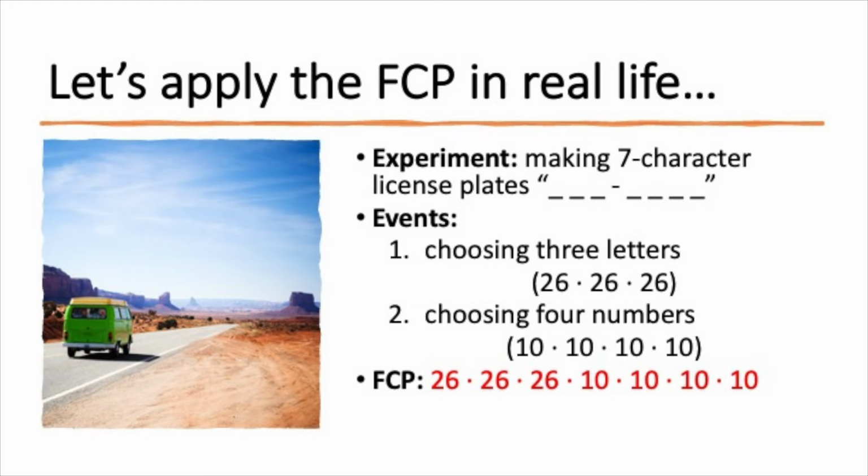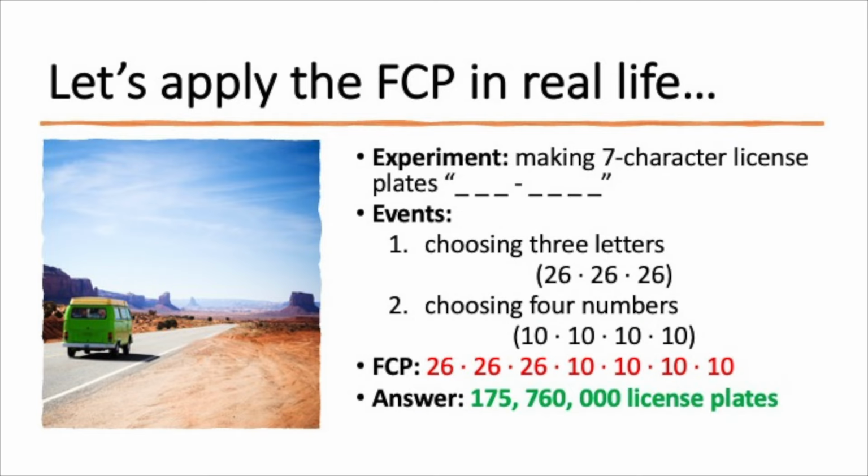So that's 26 times 26 times 26 times 10 times 10 times 10 times 10. And the total product is 175,760,000. Wow, that's a lot of 7-character license plate numbers.